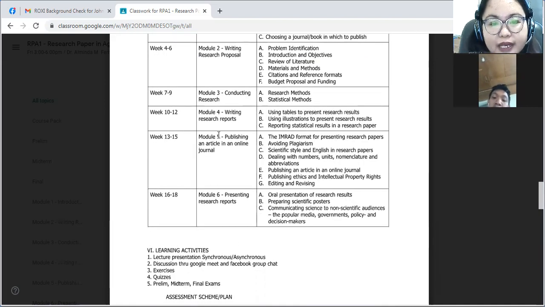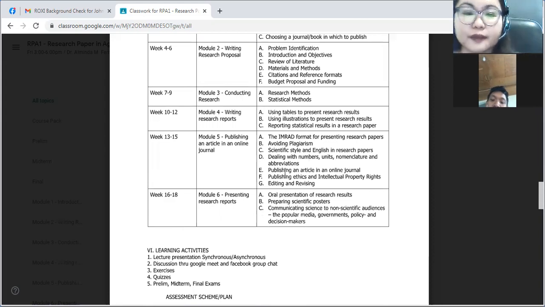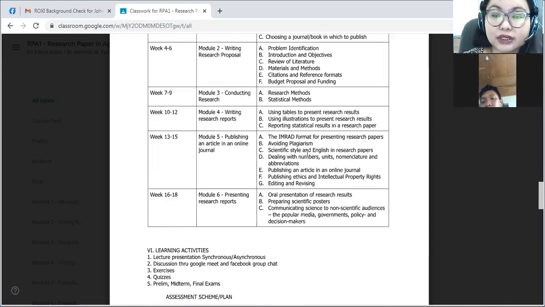In Module 5, publishing an article in an online journal using the IMRAD format, because that is what the research institution in RMC is using, and also some tips on how to write the final result. And lastly, presenting the result in Module 6 through oral or poster presentation.